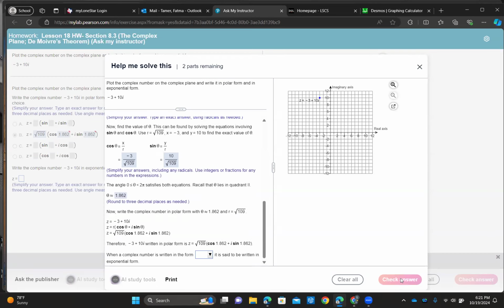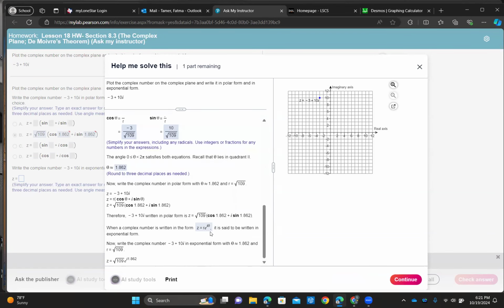Now we're going to convert this to exponential form. Here we just have to keep in mind that our r value is square root of 109, and the angle is 1.862. When a complex number is written in the form z equals r times e to the power of i theta, this is called the exponential form.